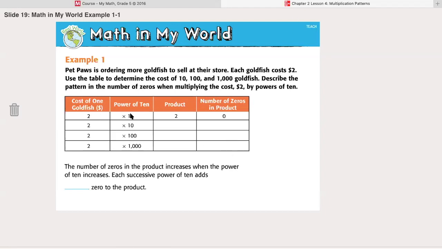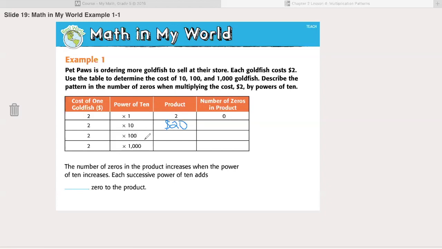So if we buy one goldfish at $2 each, the product is 2. That is the result of multiplying one purchase times the price of $2. If I buy 10 goldfish at the price of $2, I have spent $20.